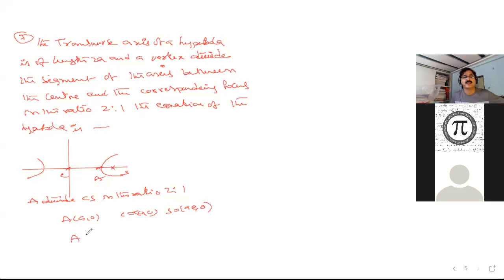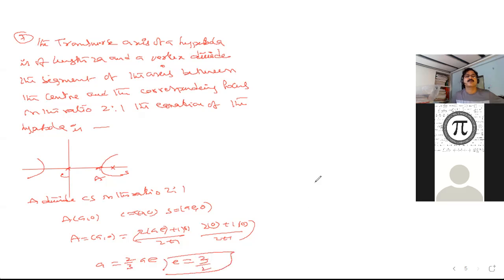So A, which is A comma 0, is equal to (2 into AE plus 1 into 0) divided by 2 plus 1. So we got one relation. A is equal to how much, sir? 2 by 3 AE, right, sir? So E is equal to 3 by 2, we got it. And that's it. Nothing special here.